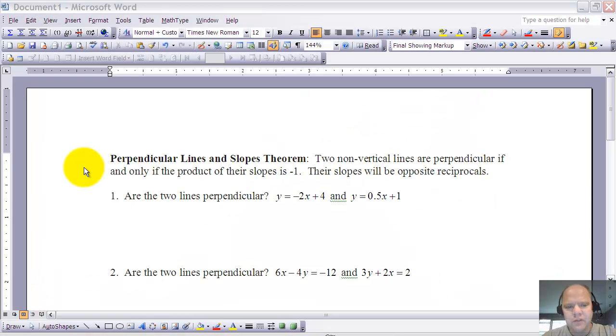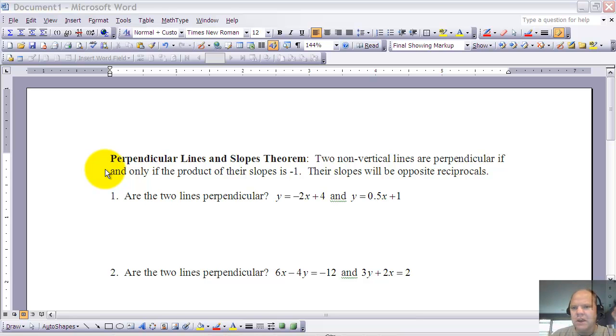In order for us to determine if two lines are perpendicular to each other just from looking at their equations, we need the perpendicular lines and slopes theorem, which tells us that two non-vertical lines are perpendicular if and only if the product of their slopes is -1. In other words, if we multiply their slopes together and we get -1, then we know those lines are perpendicular to each other.